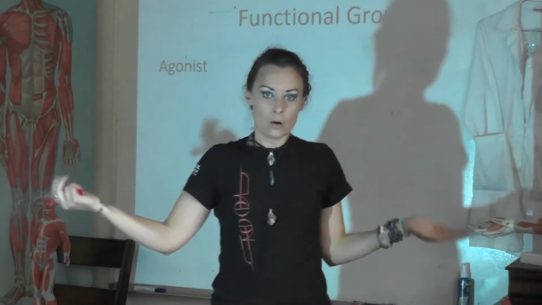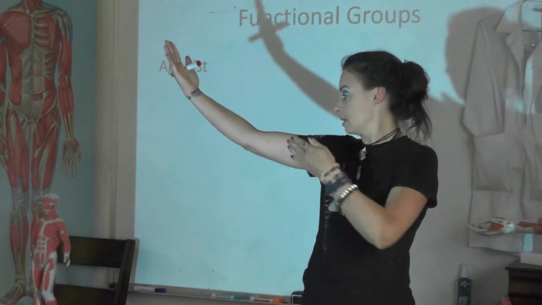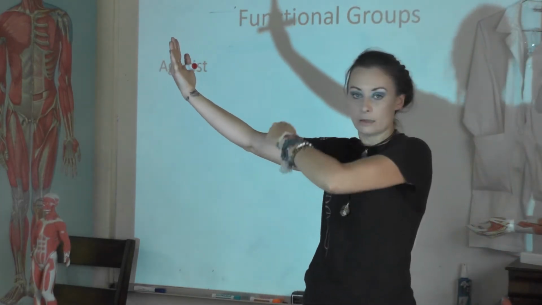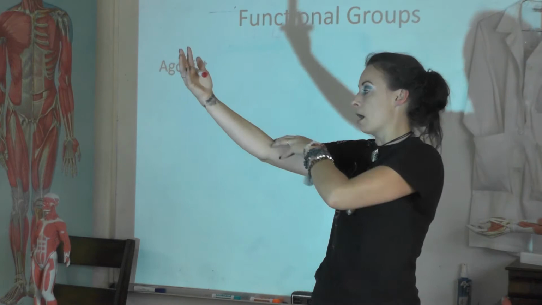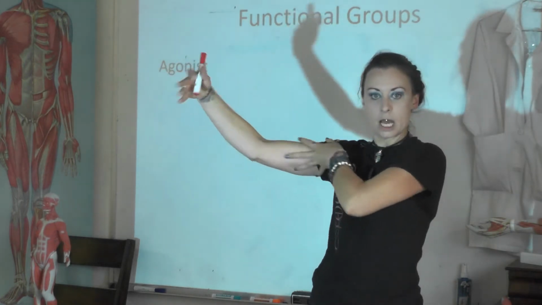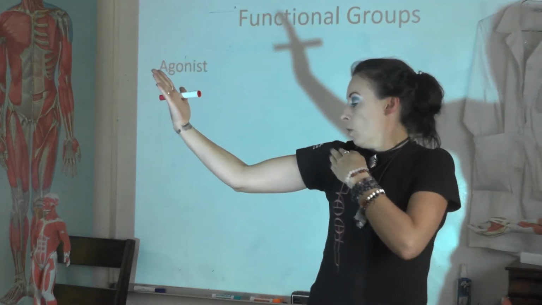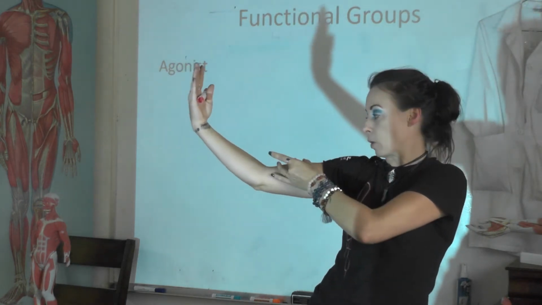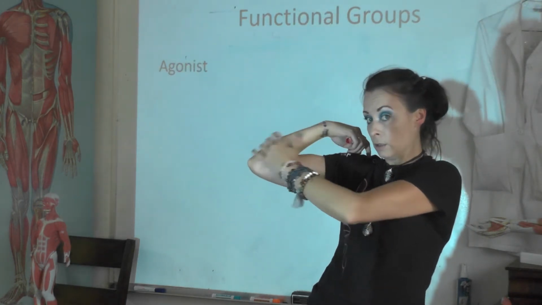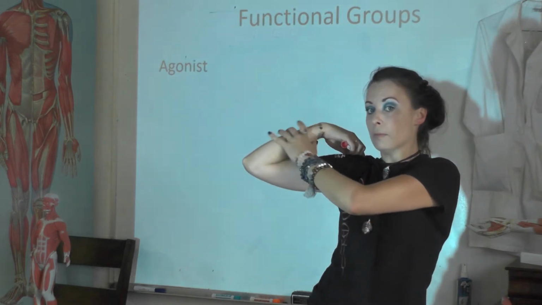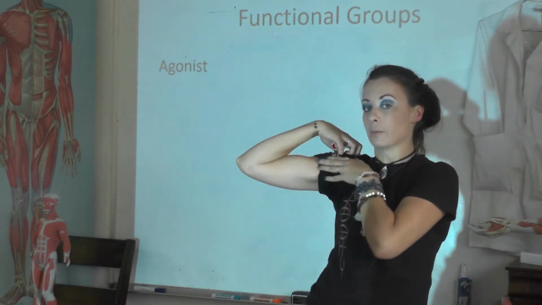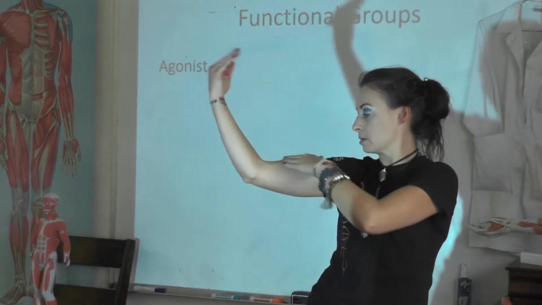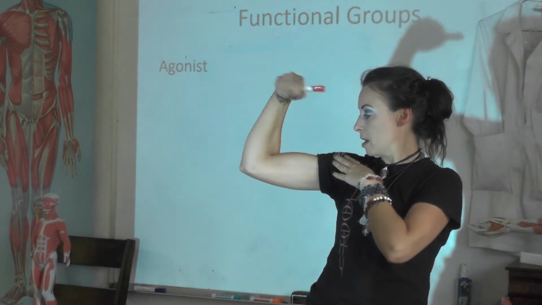Okay, so the humerus is the long bone of your arm, right? And the long bones of your forearm are your radius and your ulna. And we have some muscles here that are going to contract, shorten, and pull on the forearm to pull our radius and ulna toward our humerus, right? What muscles would do this? Did you watch your muscle video?